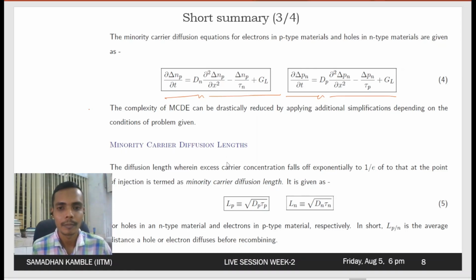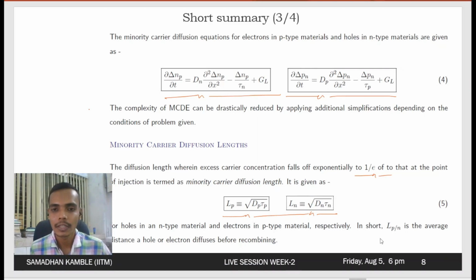Also, we saw an important parameter called the minority carrier diffusion length. It is defined as the length wherein the excess carrier concentration falls off exponentially to 1 over e of its value at the point of injection. It is defined as the minority carrier diffusion length, and you can see the diffusion lengths for the hole case and for the electron case.